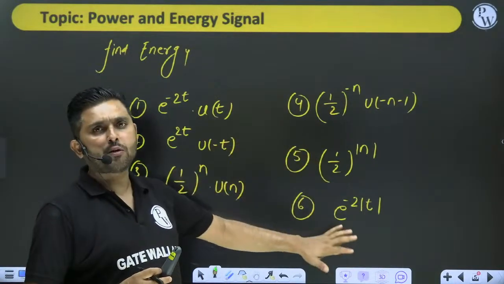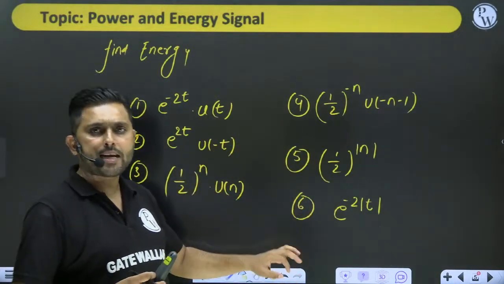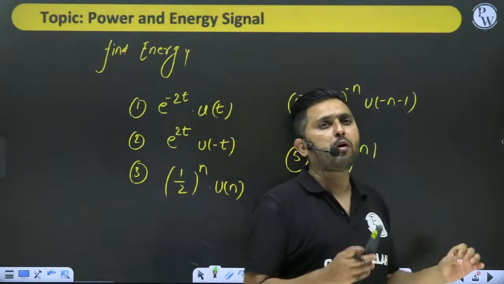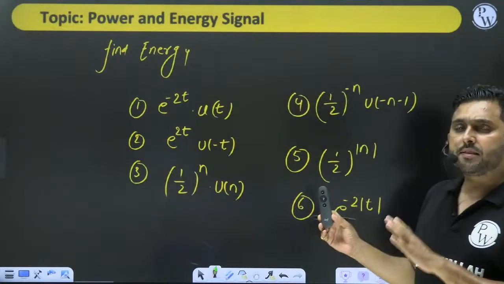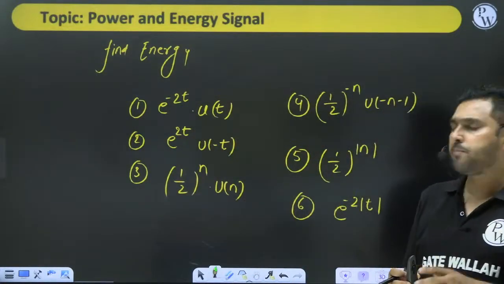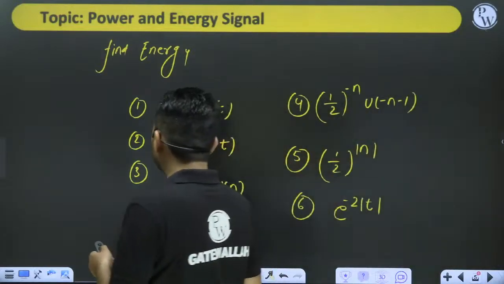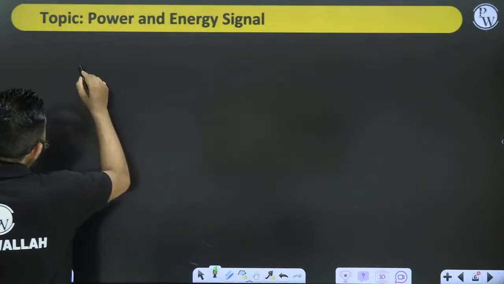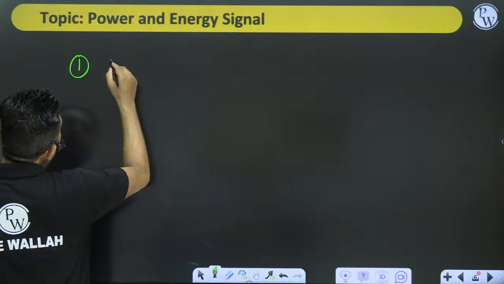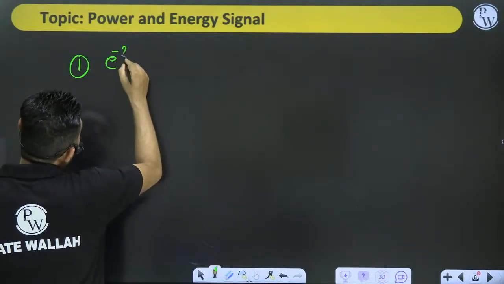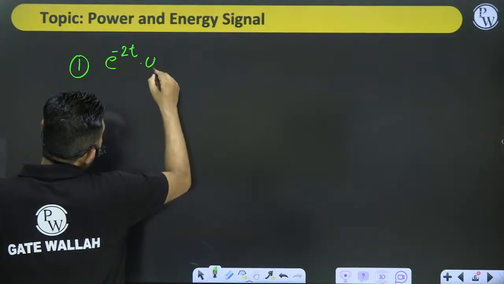Let's calculate all the energy and power, and draw some very important conclusions from them. Let's take one by one. The first was e to the power minus 2t times u(t).